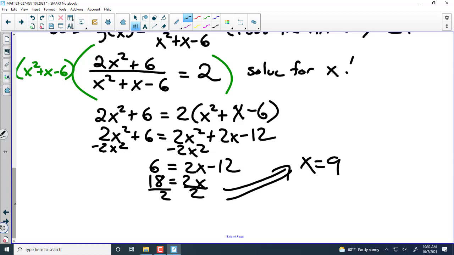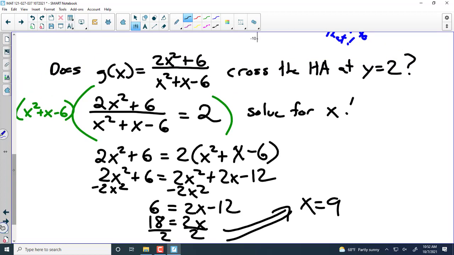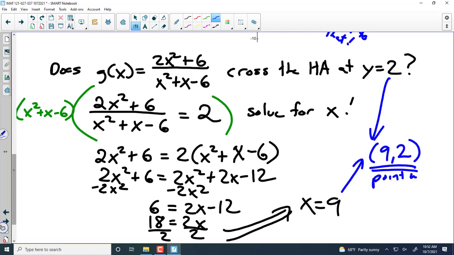X equals 9, and we already know that y equals 2.